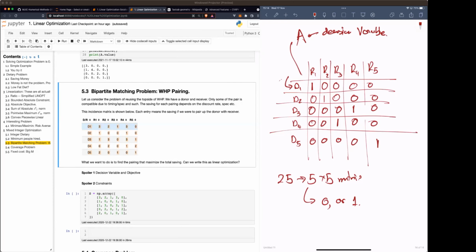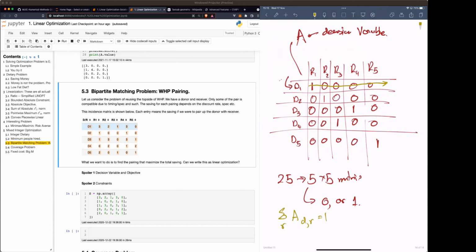You can do like what you did last time. You want to make sure that the sum of this row is 1. So you say the sum over R is 1.